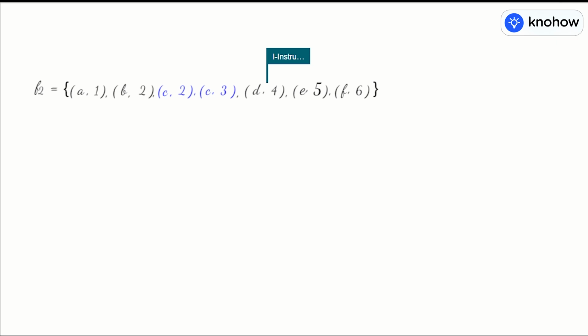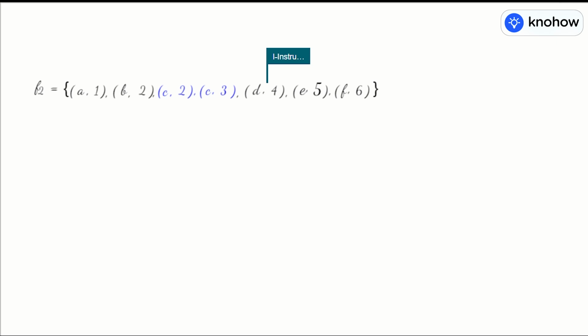What do you find here? In the first entry, C repeats, because C is associated to 2 as well as 3. It is not a function. So if you find a relation in which the first entry repeats, then it is not a function.